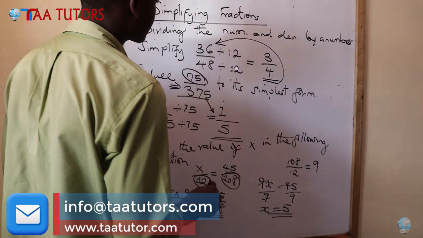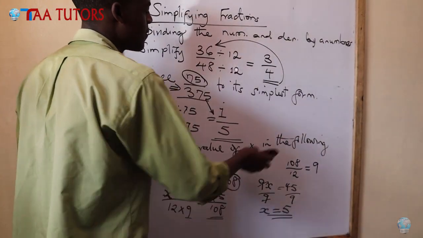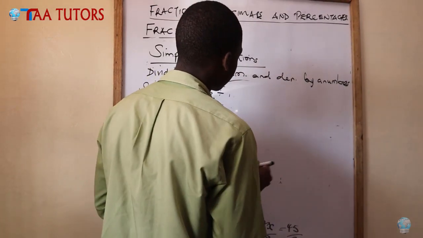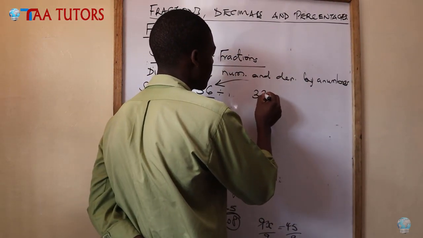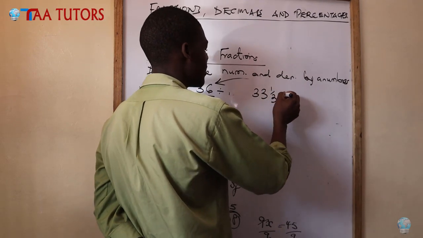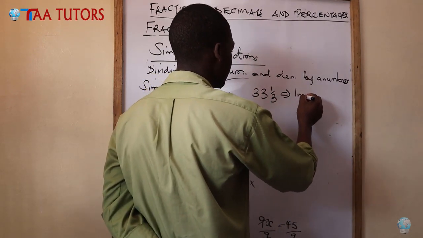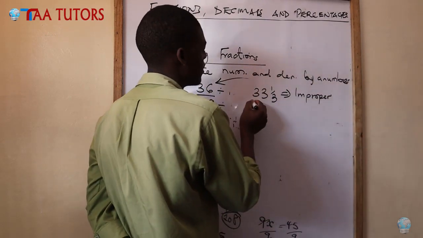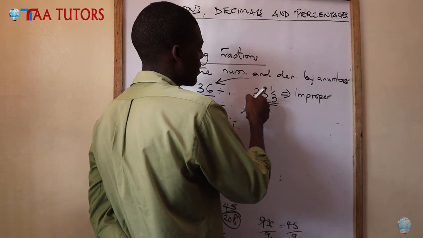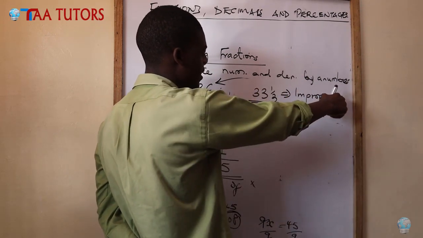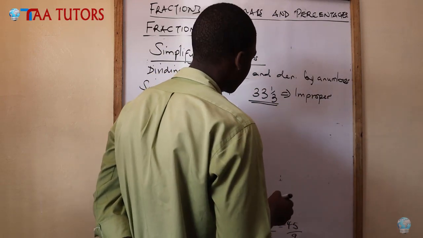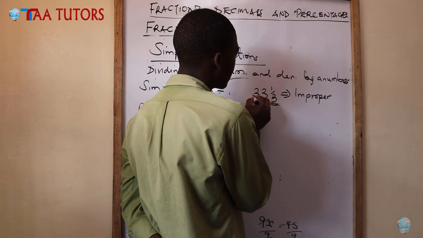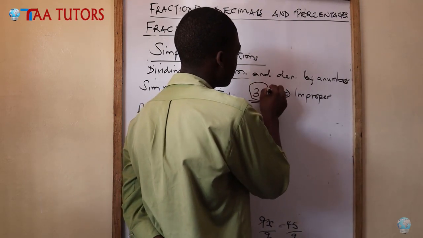Then another way in which you can be given a value: we have 33 and a third to be written as an improper fraction. I said that what we do, we take the denominator, multiply by the whole number, then add the numerator.